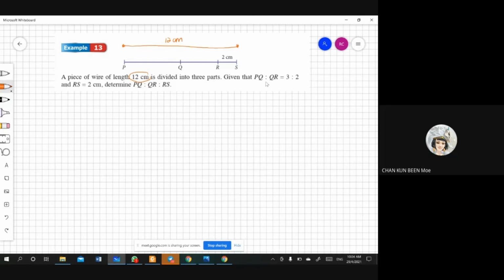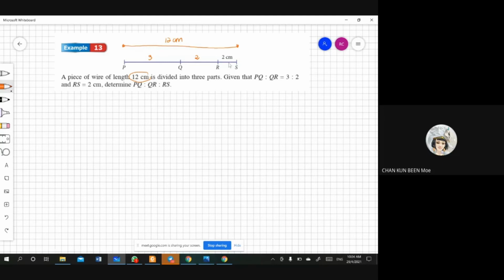Given that PQ to QR is 3 to 2, so I write down over here, it is 3 to 2. And RS is 2 centimeters, so it's already given on the diagram. Determine PQ to QR to RS, meaning that you have to determine the ratio over here. So how do we find out?